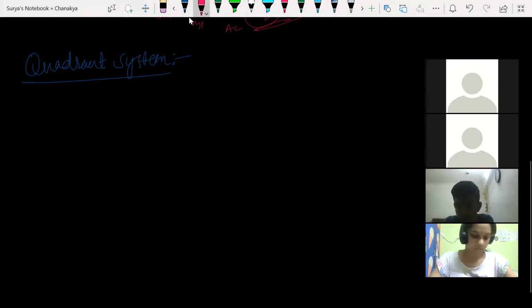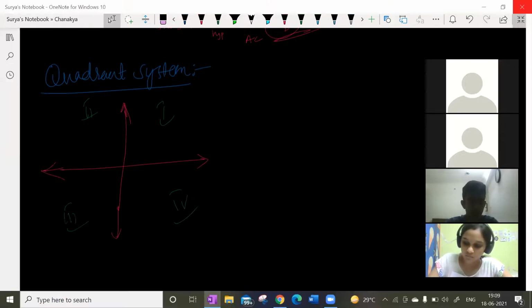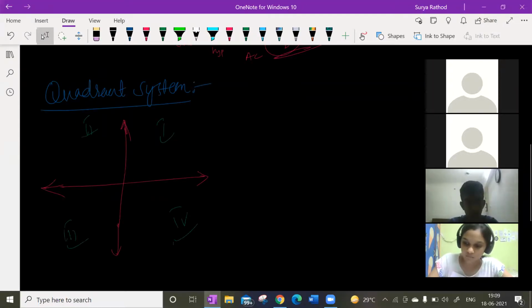Quadrant system. Guys, do you know what the quadrant system is? Basically, this is my first quadrant, this is my second quadrant, this is my third quadrant, this is my fourth quadrant. The quadrant system basically means the Cartesian plane. What is the Cartesian plane? Sir, it's basically the graph.